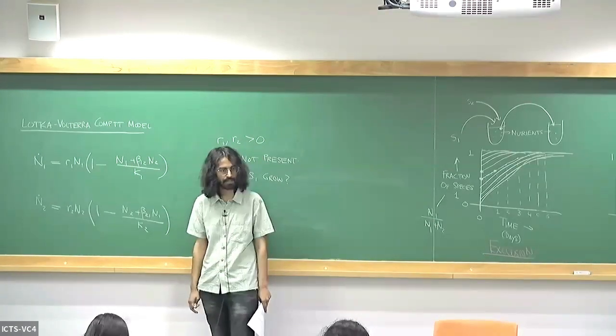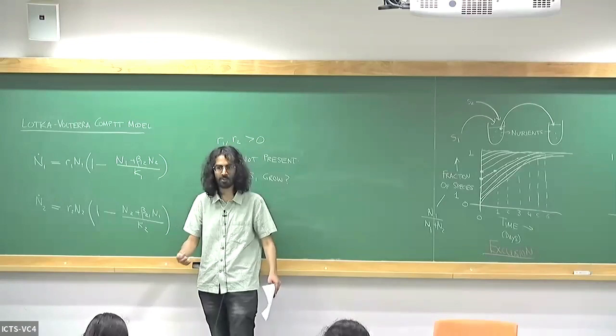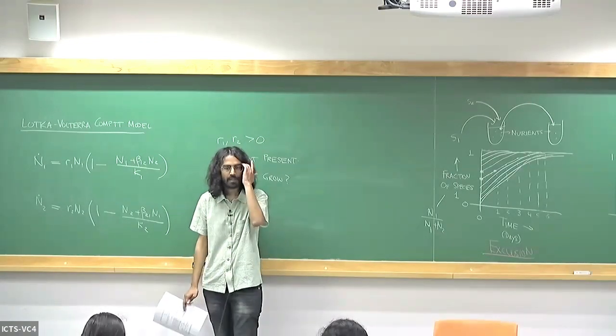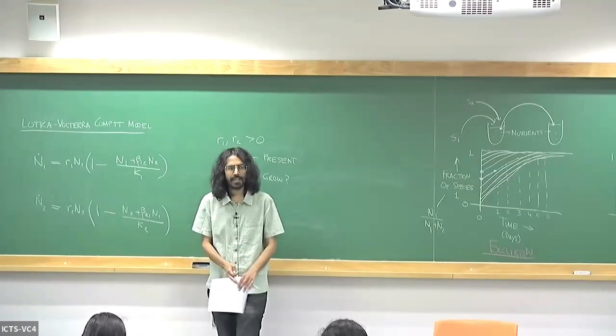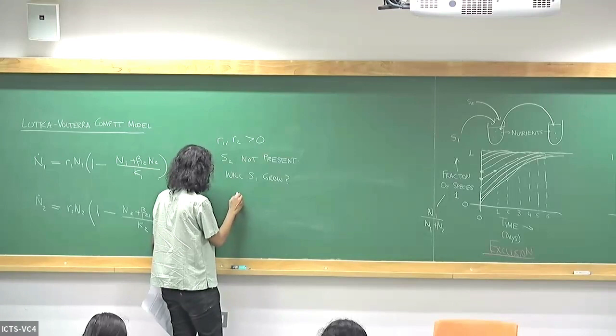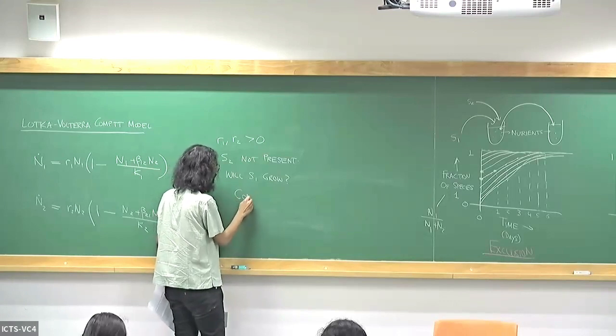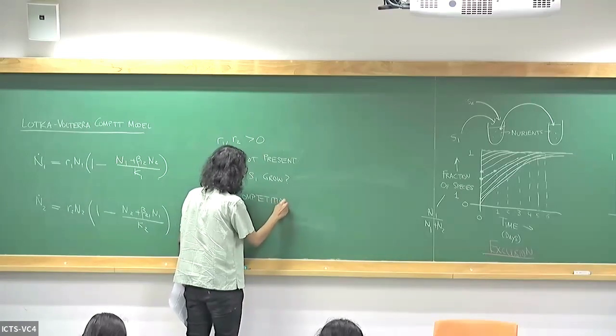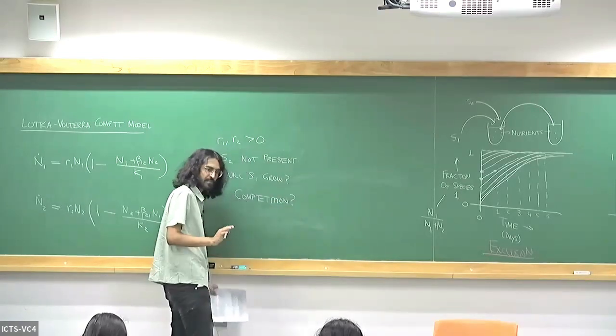There's some interaction. What form does the interaction take? Is it inhibition? Let's talk about this. What if you want competition in this model?